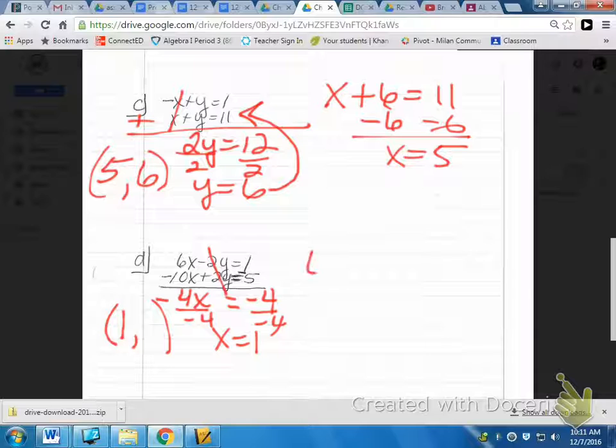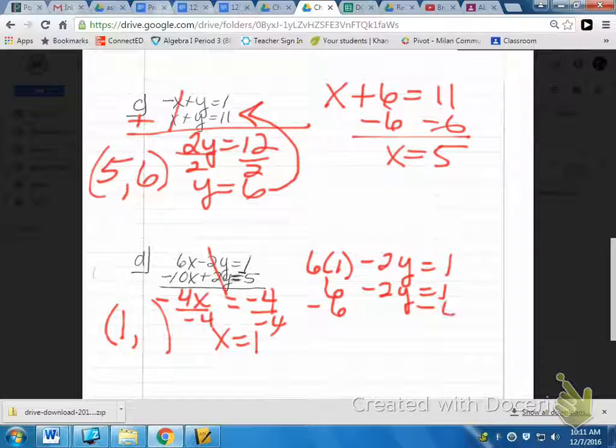So 1 goes in place of x. I'm going to plug it in at the top. 6 times 1 minus 2y equals 1. 6 minus 2y equals 1. Subtract 6 from both sides. -2y equals -5.